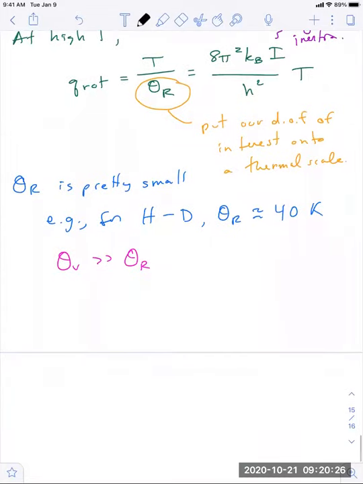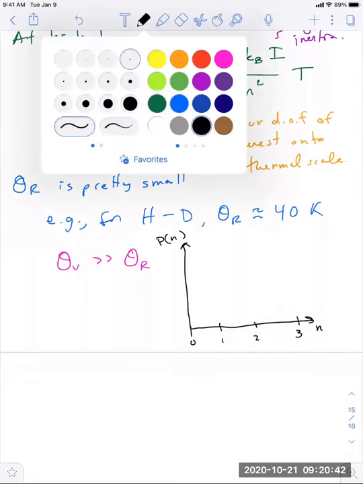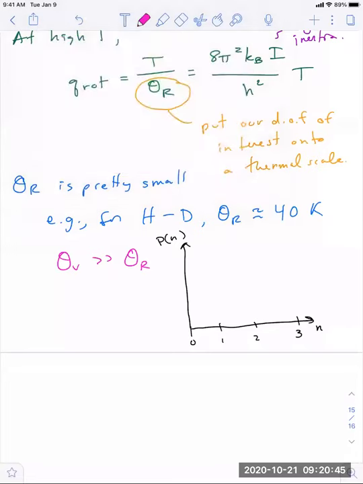And the way that manifests itself is if we make a similar plot as before. So again, n being the energy states, p of n being the likelihood that our particles are in these states. A typical vibrational curve would look like this. So we're really only occupying these low values of n. Because the vibrational temperature is large, it's difficult to explore these very high energy vibrational states.